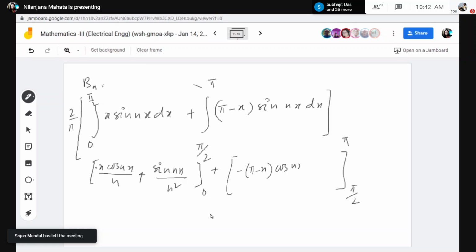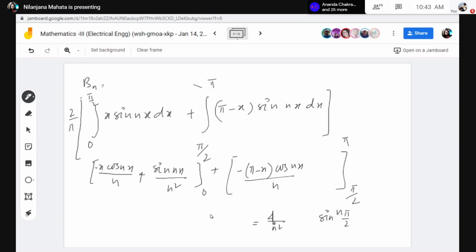4 by pi into 1 by n square into sine n pi by 2. What is the coefficient of sine n pi by 2? 1 by n square into sine n pi by 2 into 4 by pi. That means 4 by pi n square into sine n pi by 2, right?